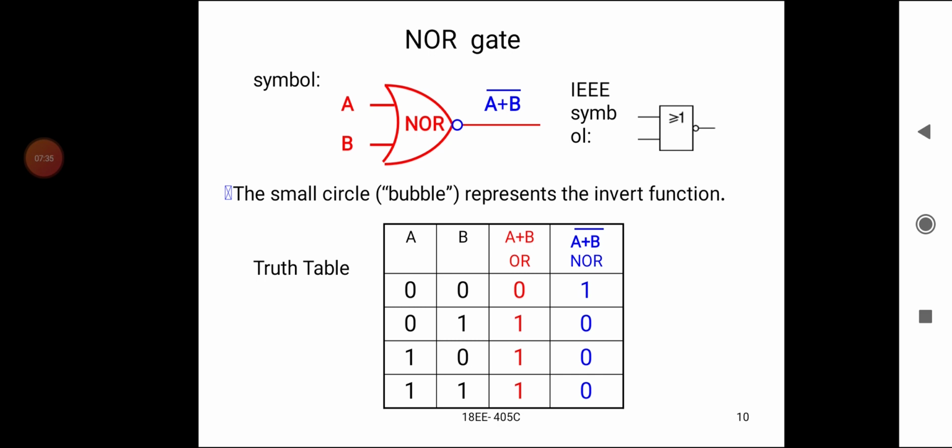Its complemented values, A plus B whole complement: 0 complement becomes 1, 1 complement is 0, 1 complement is 0, and 1 complement is 0. If any one of the inputs or both of the inputs is high, then the output is in low state.